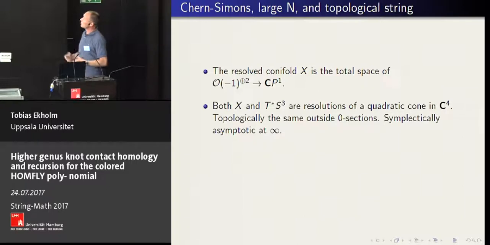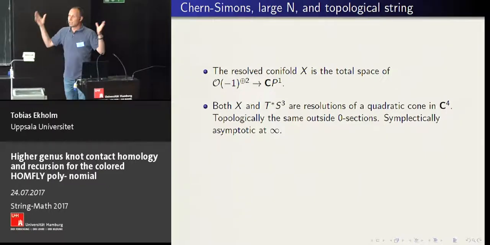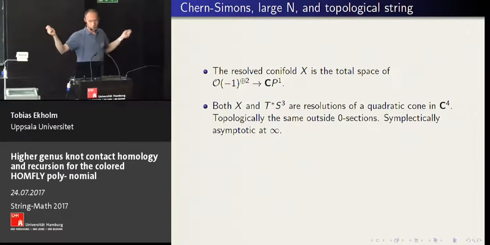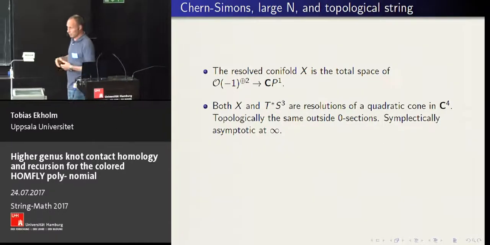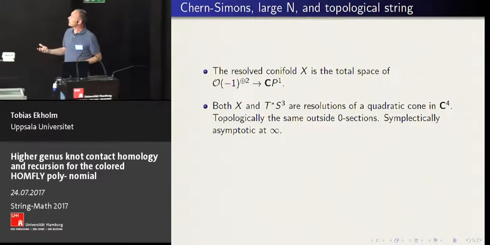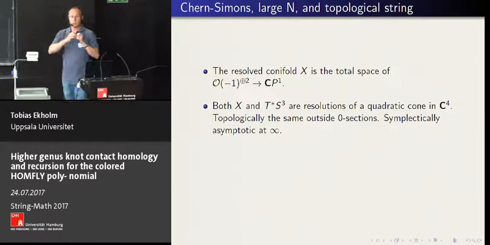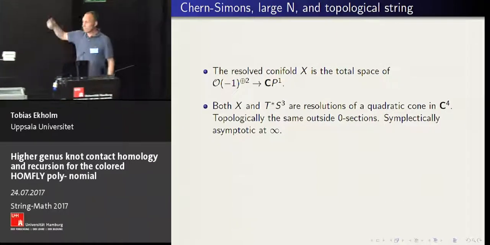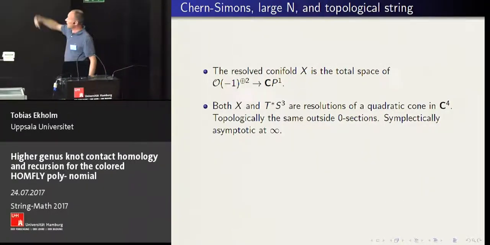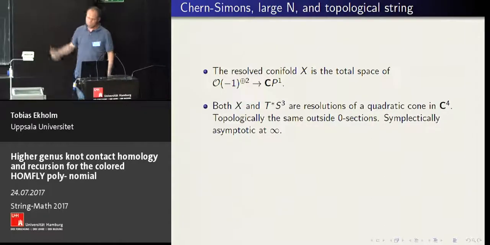In particular, topologically, if you remove the zero section from both of them, they're just S1 times S2 times R. And symplectically, they're not quite the same. If you remove the zero section from T star S3, then you have this S2 cycle in the fibers.